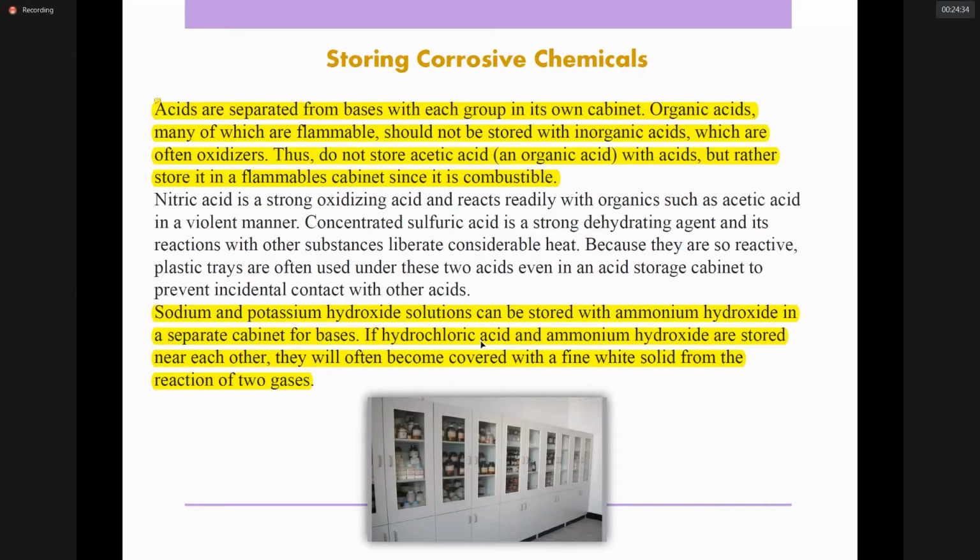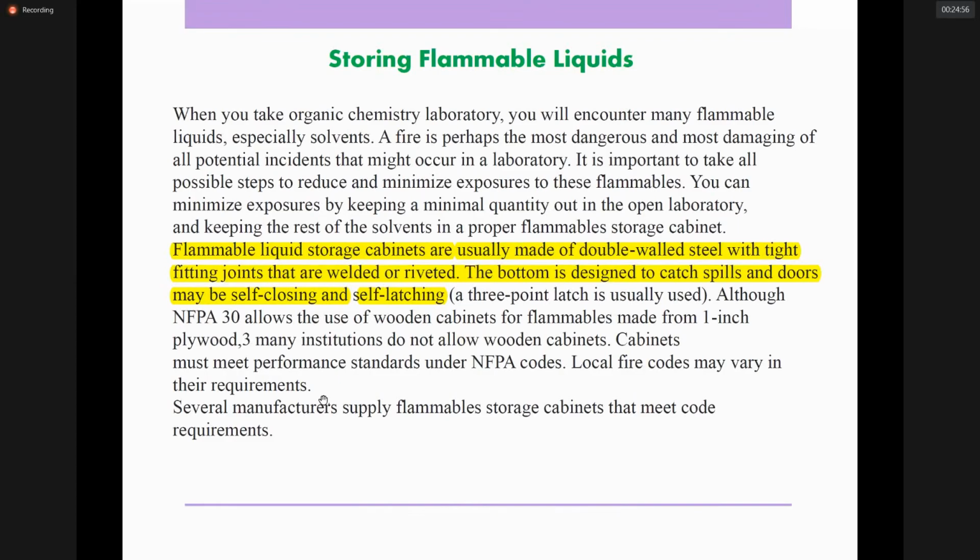So if hydrochloric acid is next to ammonium hydroxide, they will be covered with a fine white solid from the reaction of the two gases generated from hydrochloric acid and ammonium hydroxide.